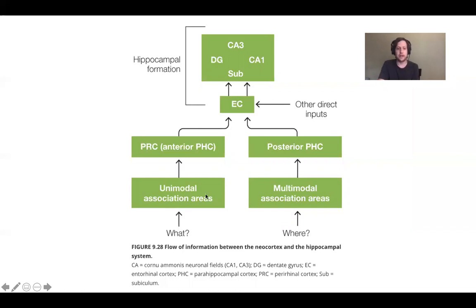According to this diagram, the what input stream involves the PRC, the perirhinal cortex. Perirhinal cortex, I showed you that in the previous slide. The where stream, the brain region involved here, is the parahippocampal cortex. And then these both converge here, EC, which stands for entorhinal cortex. So we have these 2 different regions that are kind of converging to one.